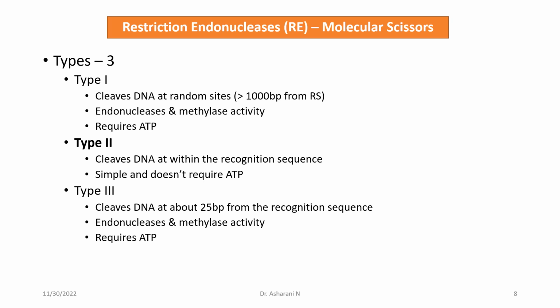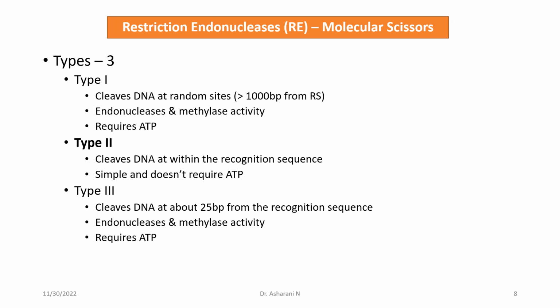Coming to type 2, they cleave DNA within the recognition sequence, and they are very simple and do not require any ATP. This feature makes type 2 one of the important enzymes used in rDNA technology.